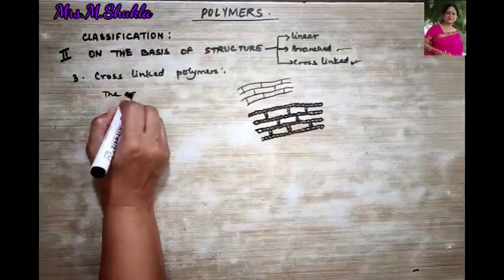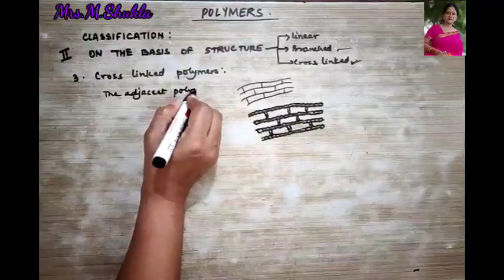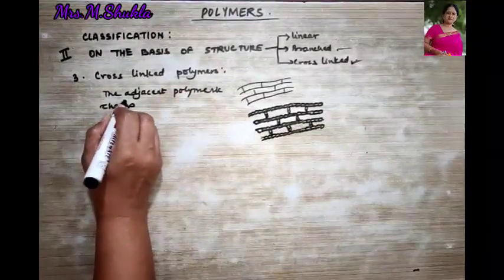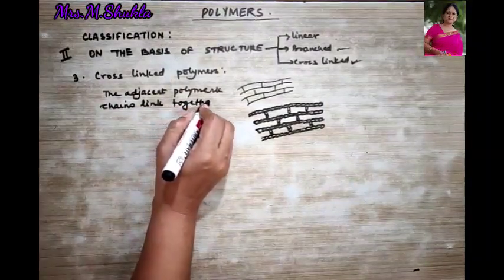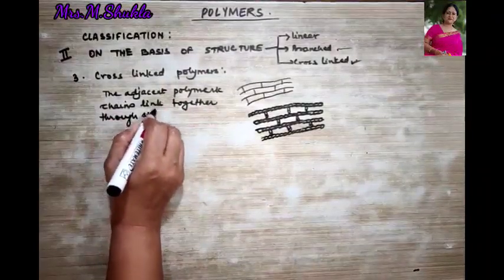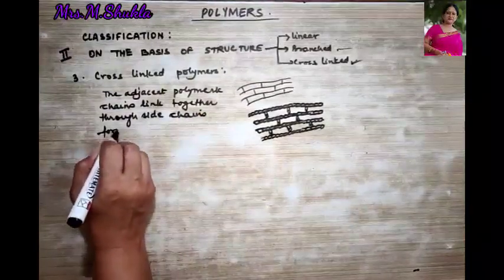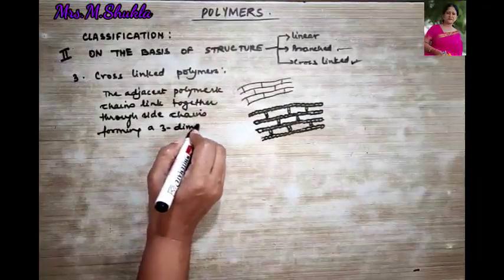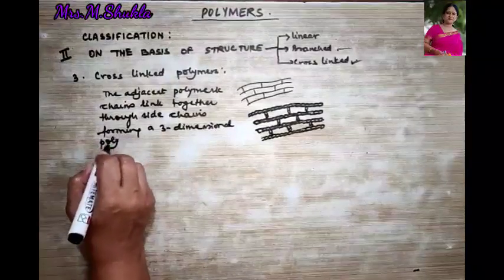That the adjacent polymeric chains, they are linked together, okay, through side chains, right? And they form a three-dimensional polymer.